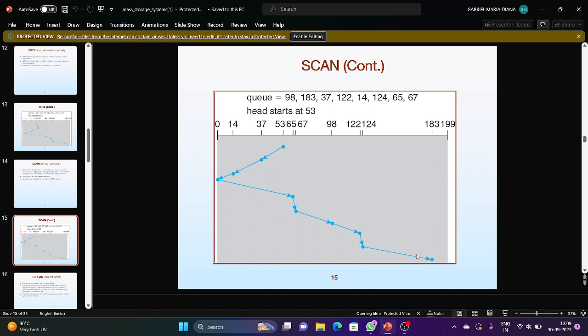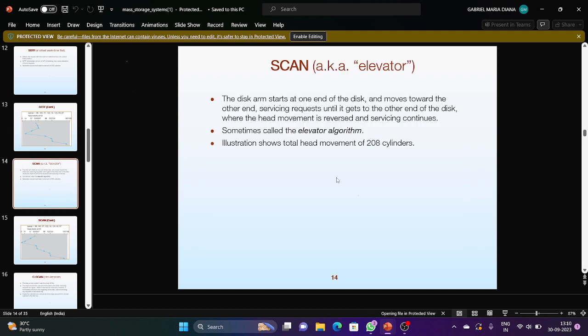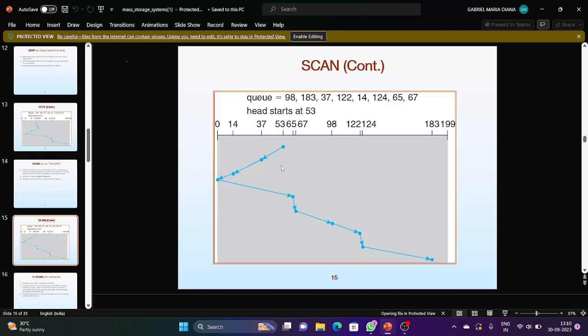After subtracting all the terms, all the movements of the read write head for the processes in the ready queue, you will get the value 208.